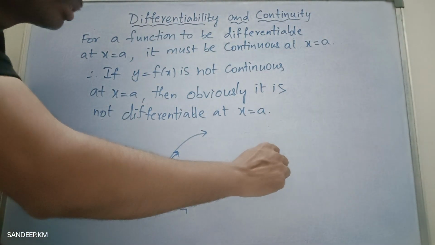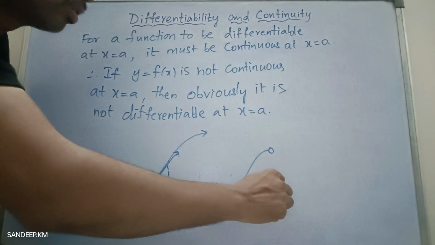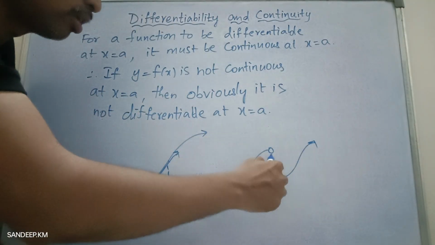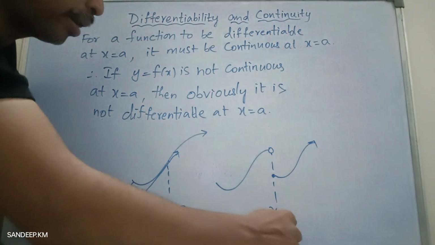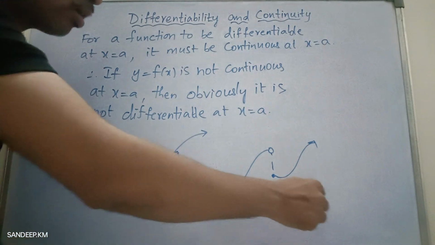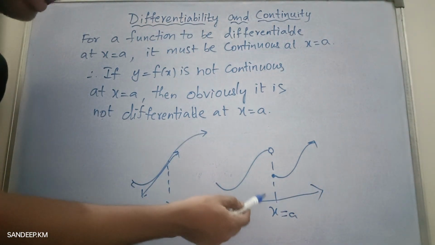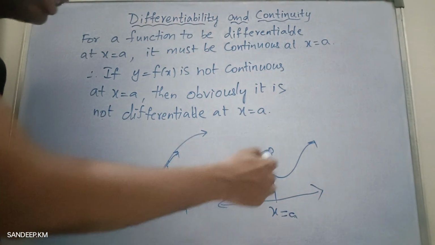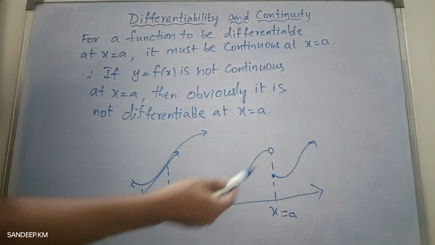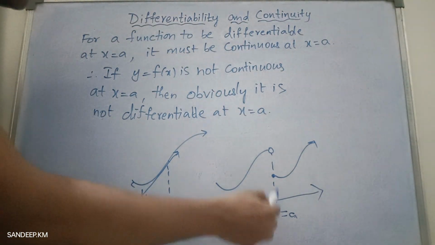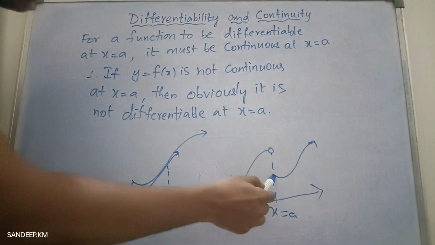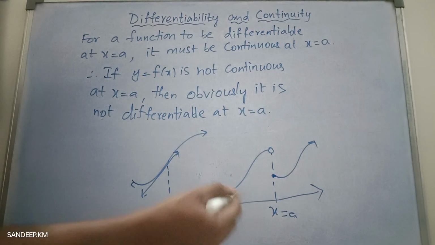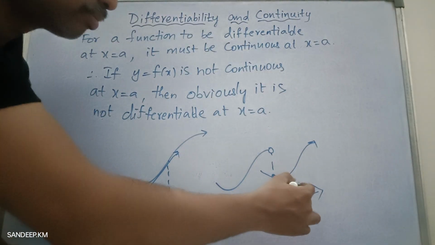What if a function is not continuous at x is equal to a? Assume this is the function's graph. Please observe, at x is equal to a, the function is not continuous. Correct or not? How can you draw a unique tangent at x is equal to a? Some students will say, sir, shall I draw like this?